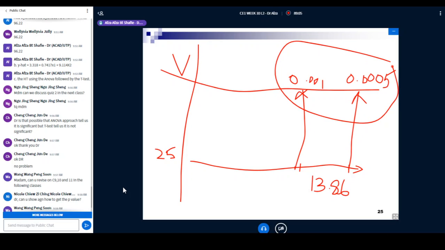But because this is two-sided, you need to multiply by 2, because the t-test is always two-sided. So your p-value will be between 2 times 0.001 and 2 times 0.005. But I'll show you again in the next class. In the meantime, it's just like how you do your hypothesis test, because this is a hypothesis test. Never mind, I'll show that to you in the next class. You just remind me again how to do that.